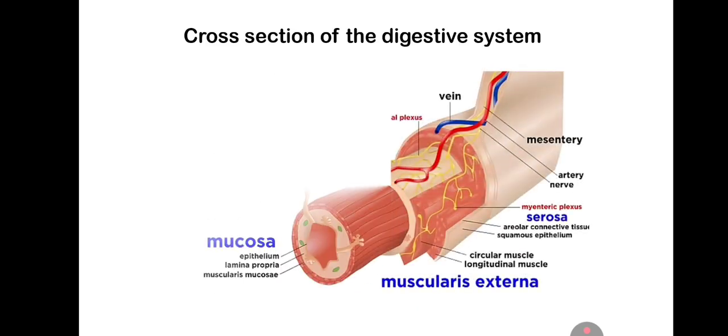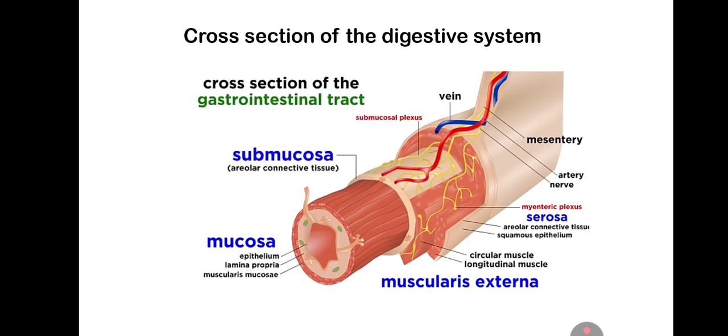Let's see the cross section of the digestive system. This picture depicts the cross section of the gastrointestinal tract. The innermost layer is called the mucosa, or the mucous membrane. It secretes digestive enzymes and hormones into the tract and also absorbs digested food into the blood.